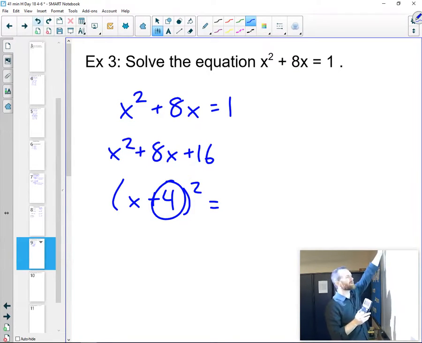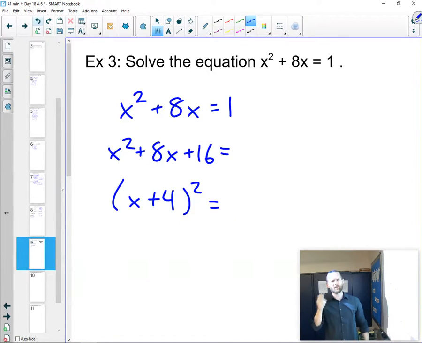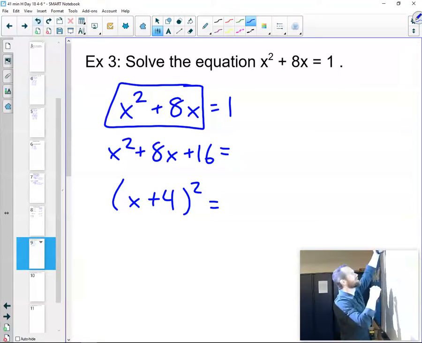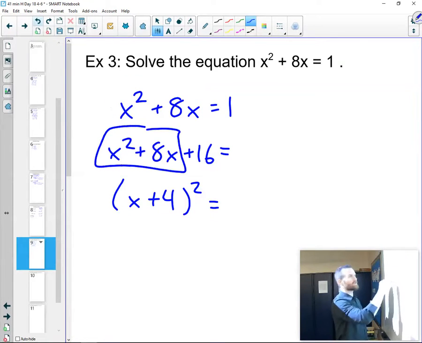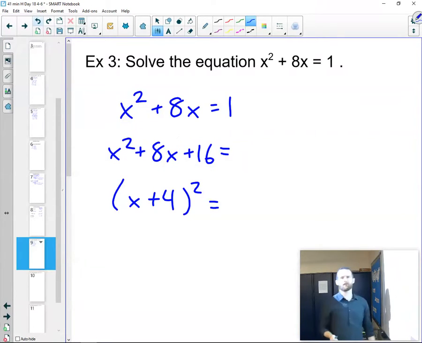But remember, this is an equation. We can't just add numbers in willy-nilly. We have to be really careful about what we're doing here. We went from an x squared plus 8x to an x squared plus 8x plus 16. We added a 16 on one side of our equation. Well, let's think back to the very first thing we learned about equations way back in, I don't know, 6th, 7th, 8th grade, depending on what math teacher you had.